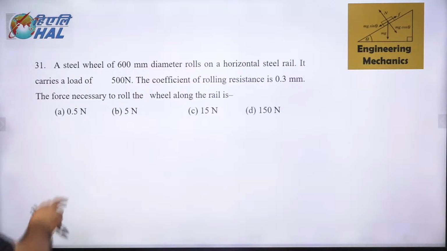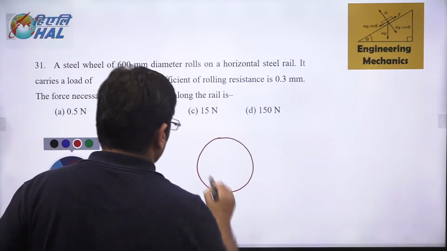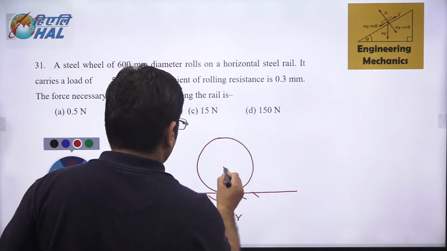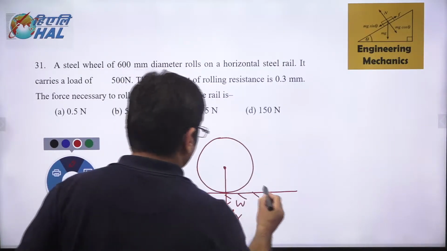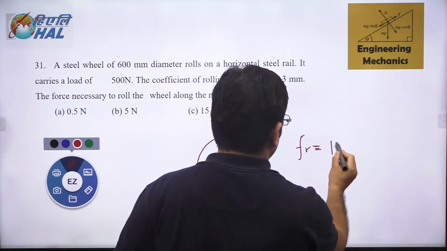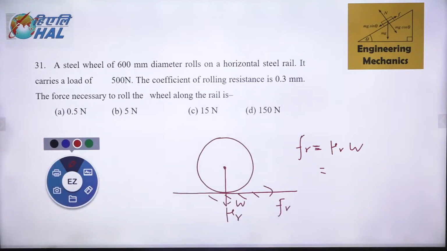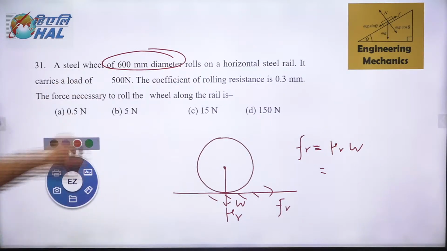I told you that if the coefficient of rolling friction, mu r, is given to us, and we know the normal reaction, let's say W, then the friction resistance is nothing but mu r into normal reaction. So we are given the diameter, but that is not required, and there's a load of 500 Newton.